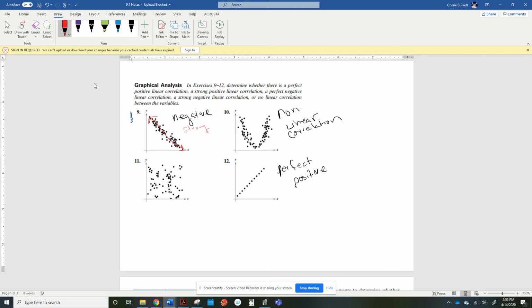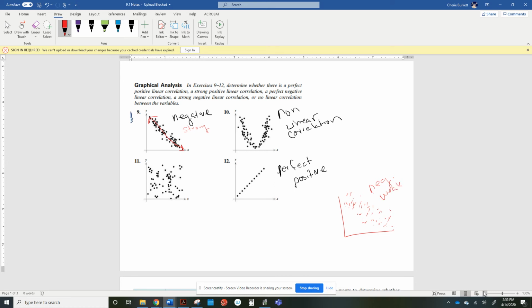It's not perfect, but you could have a correlation where the dots are even a bit more scattered than that. That one would still be considered a negative correlation, and it would be considered weak because they're really spread out away from the line.